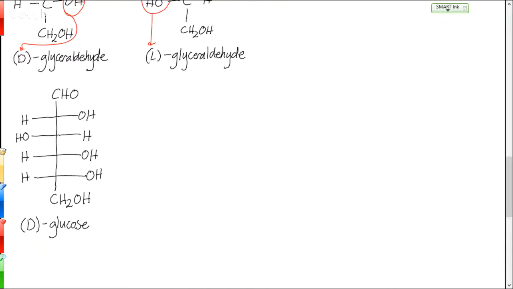So D and L glucose are actually not exact mirror images in this way. They look like this. So same bottom, same top. Mostly, oops, no, we got it switched. They have to be mirror images, right?